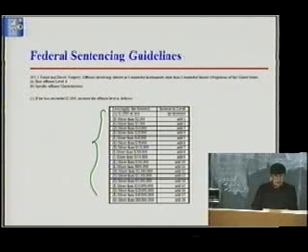If you steal more than $120,000 but less than $200,000, you add 7 to your punishment level. What is interesting about this particular table in the federal sentencing guidelines? Can anyone look at this and see something that looks interesting?